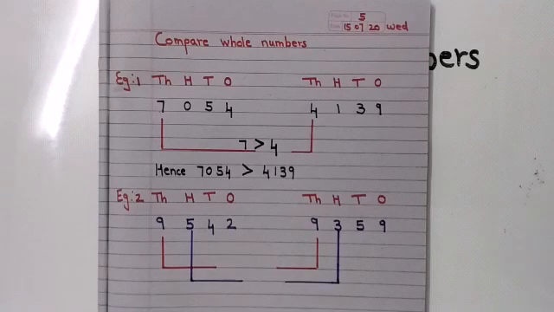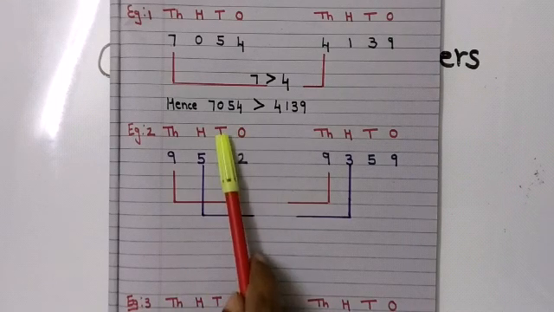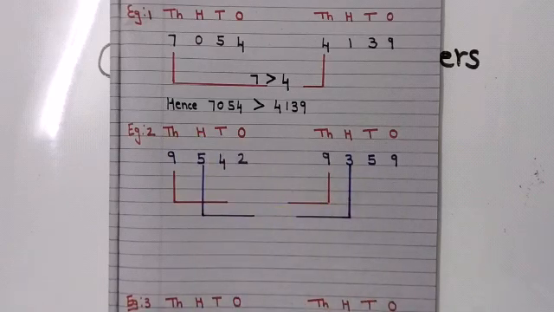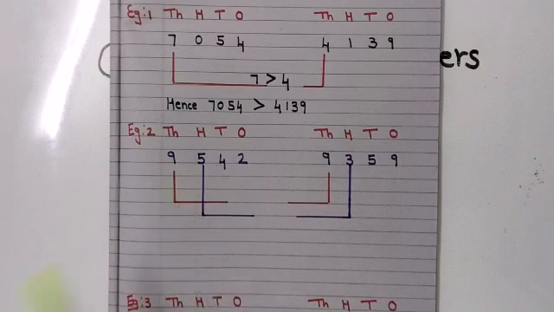Okay, now let's move to the second example. Now children, look here again. We know our place value, ones, tens, hundreds, thousands. Okay, now let's see the thousands place.